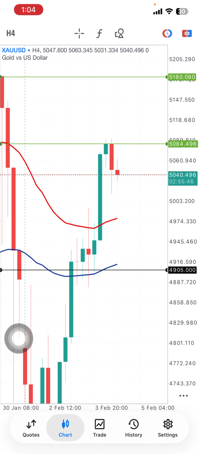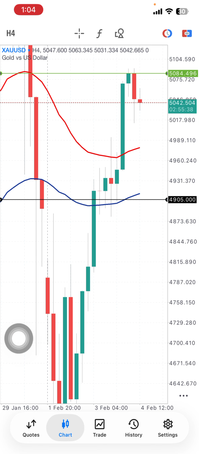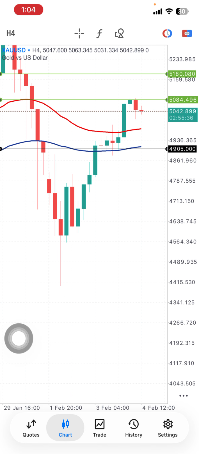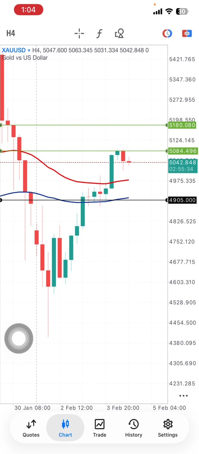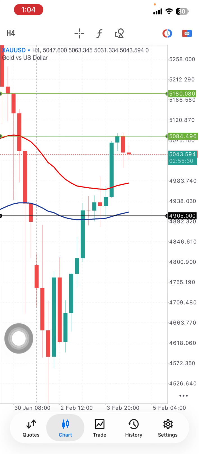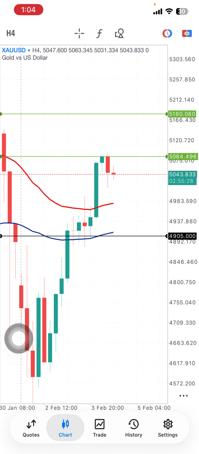That is why they are trying to push the market to the downside. But don't forget that this market already is in an uptrend. When you look at it, you realize that the market has been moving to the upside for some few days now. The market has created a resistance over there at 5,800 and 5,084.